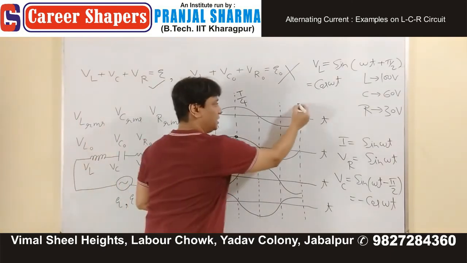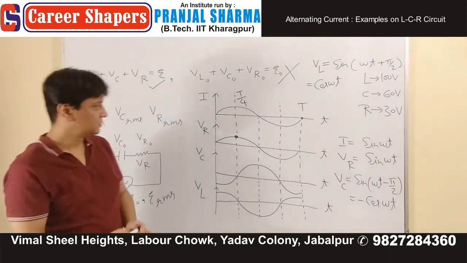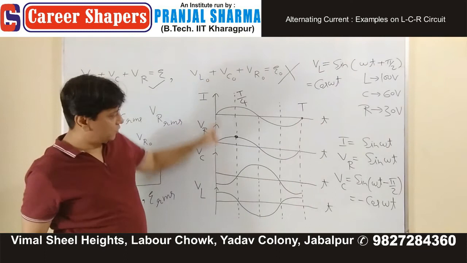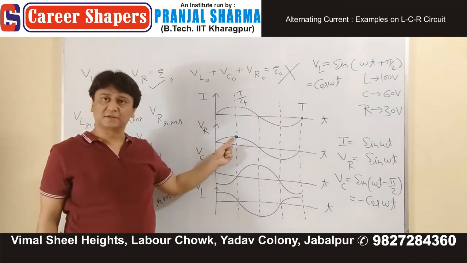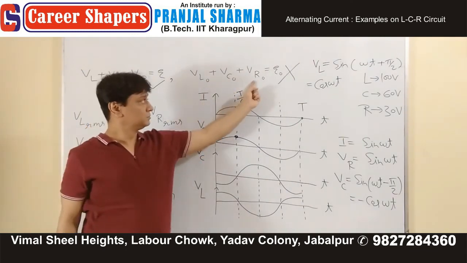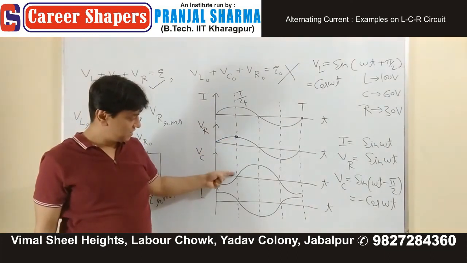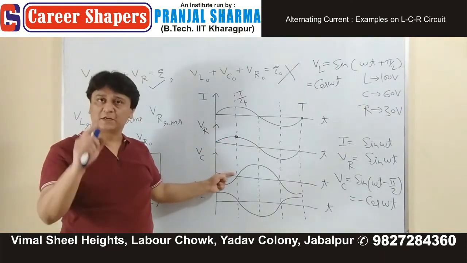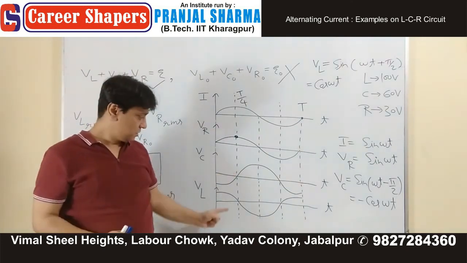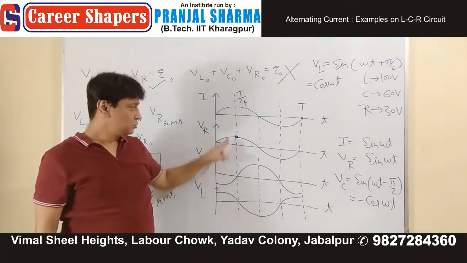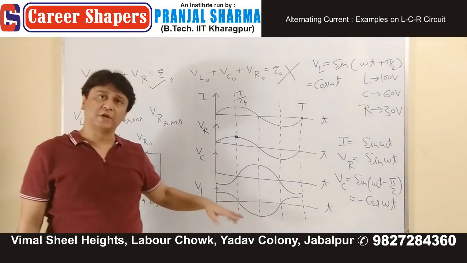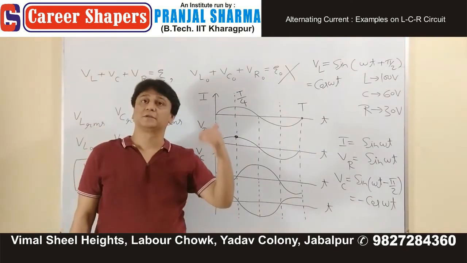This is capital T, one complete cycle. When time is T by 4, we found that VR is maximum. But right at this moment, look at this VC. It's 0. Look at VL, 0. So these peak values do not occur at the same time.